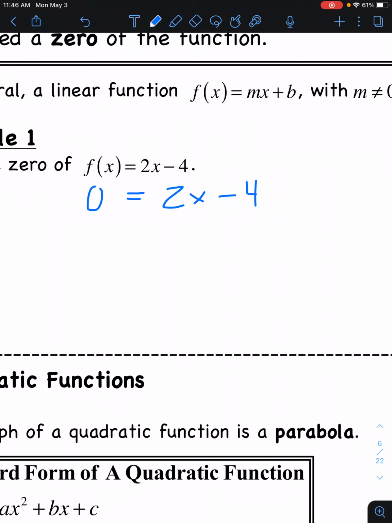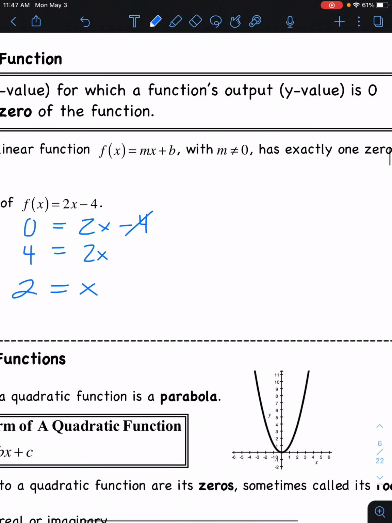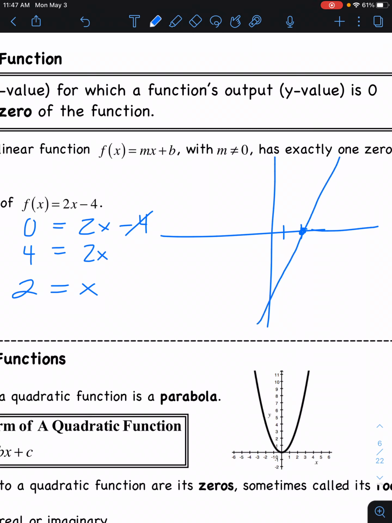We would add 4 to both sides, and then we would divide by 2. So we would say the zero is x equals 2. In other words, if we were to graph this, the line would cross the x-axis at 2.